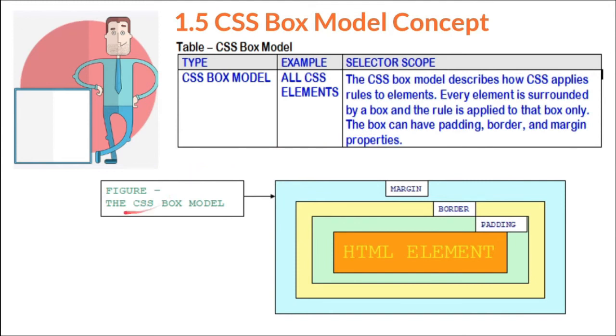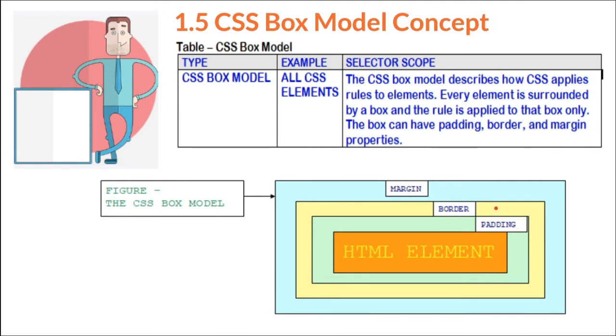In our diagram here, the CSS box model, we've got a representation of that. We have our HTML element right at the middle, and then on the first level on the outside we have the padding, and that can be different sizes, different colors, and styled in CSS.